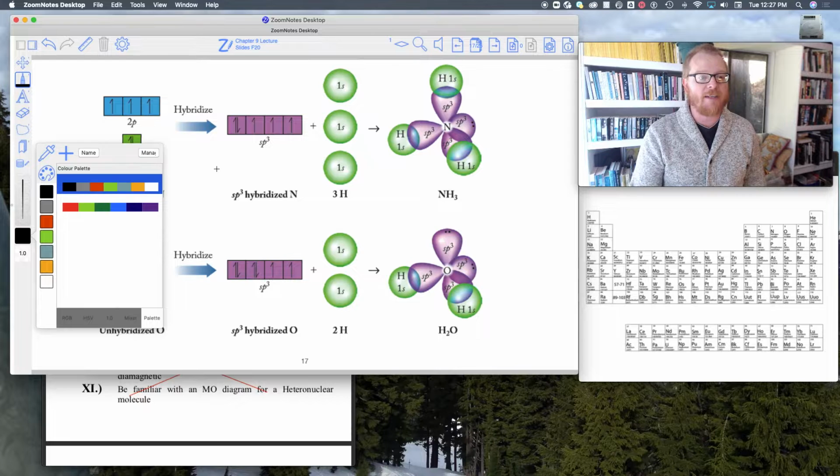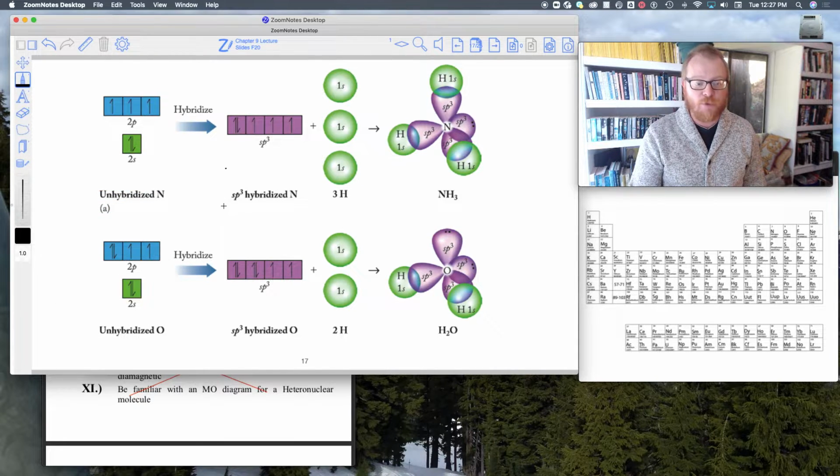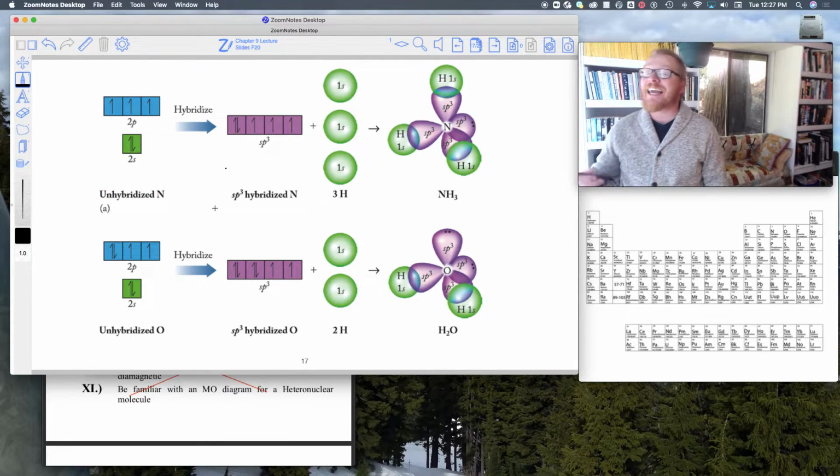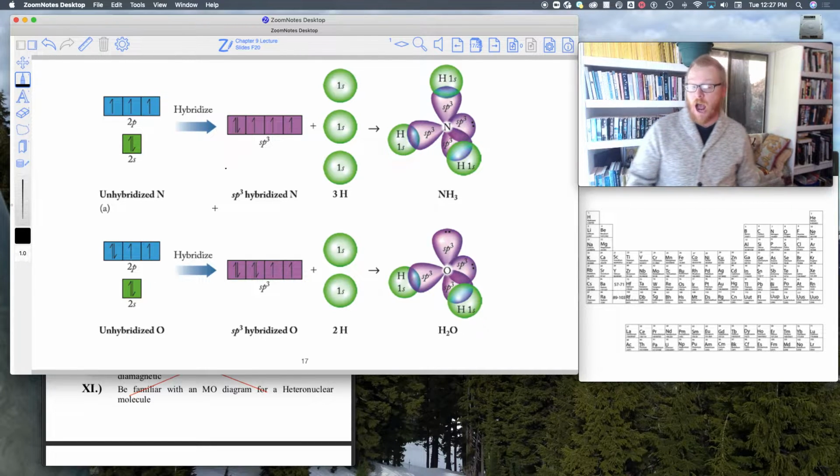Okay, so there's other ways that we can make sp3. So I want you to recognize that sp3 can really give us any tetrahedral geometry. So for example, if we look at nitrogen, so unhybridized nitrogen, that's the same thing as saying atomic nitrogen. We can see right here 5 valence electrons from the periodic table, 2s2, 2p3, okay?